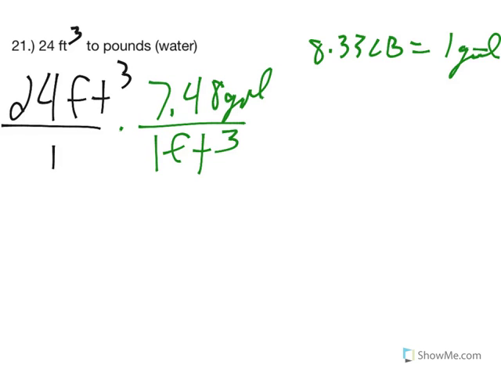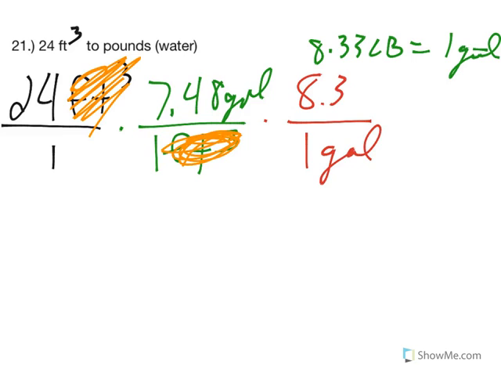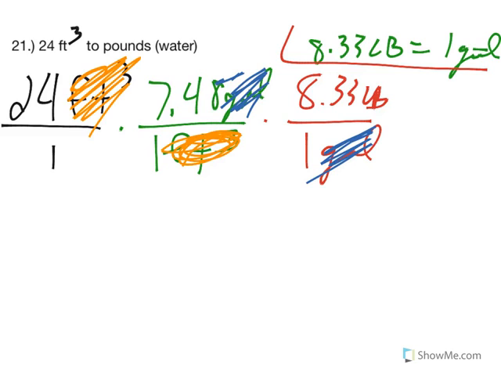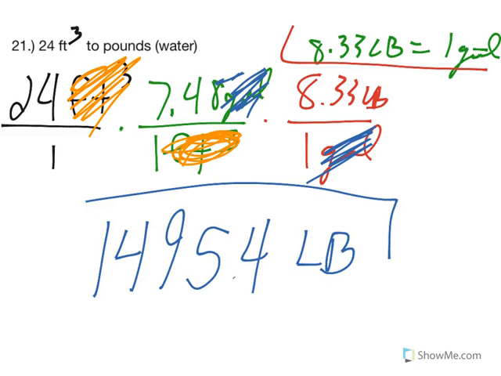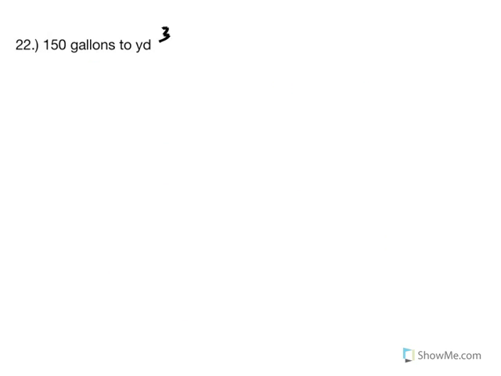And once I do that, that makes my cubic feet go away. And so then I can say that 1 gallon is 8.33 pounds, just like I have written up there in green here. So again, gallon cancels out with gallon. All the numbers are in the top, so I multiply across, and I get 1,495.4 pounds. That's a lot of pounds of water.